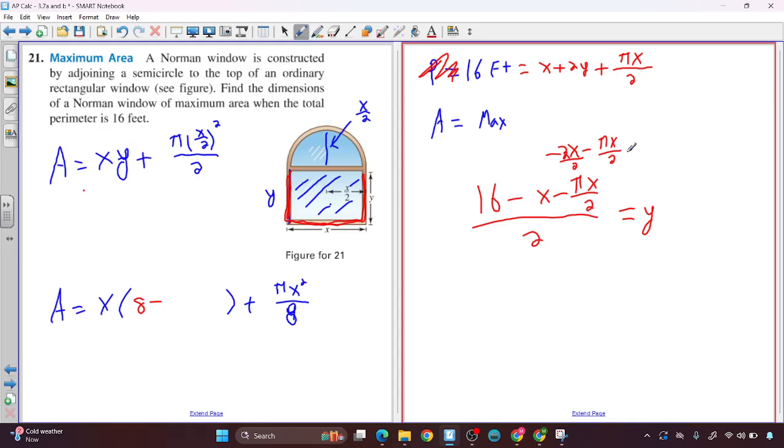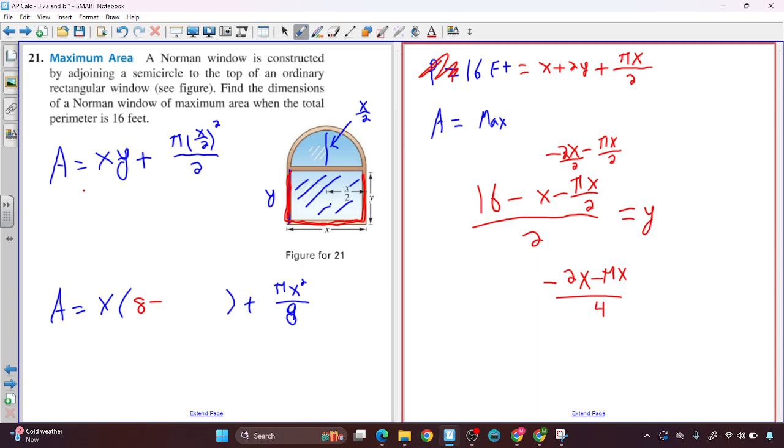Then it would just be one fraction. So would it be maybe negative 2x minus pi x all over 4? I think that's good. Let's make sure. That divides out to negative x over 2, which is this. This divides out to pi x over 4. Yeah, I think it's good. I hope I'm not wrong.